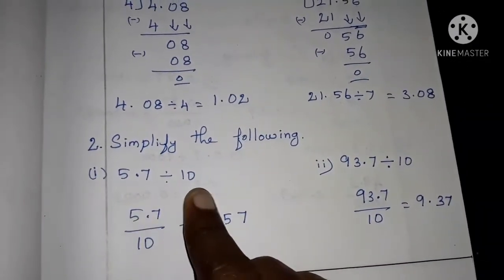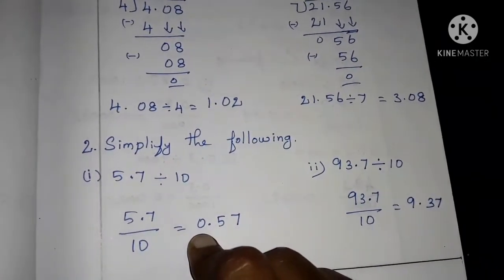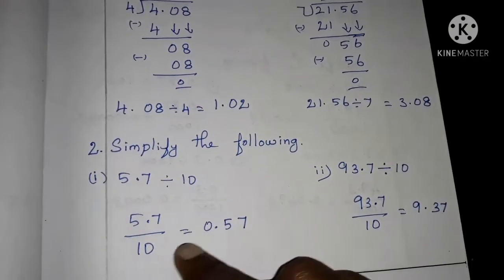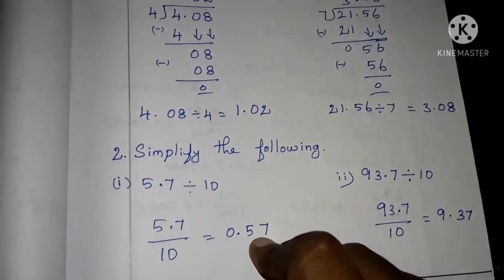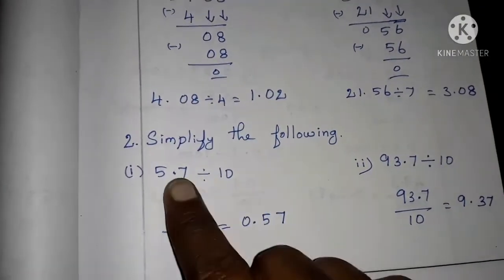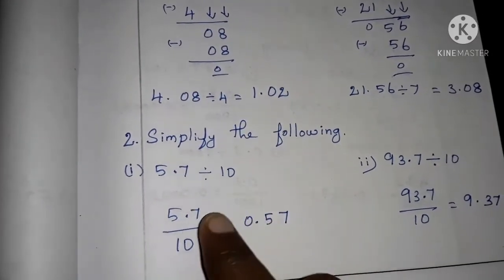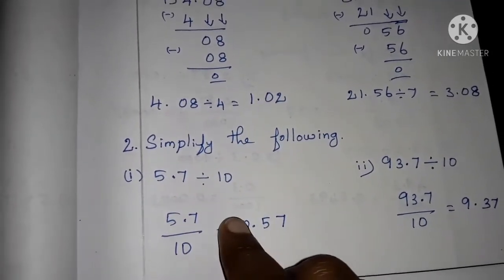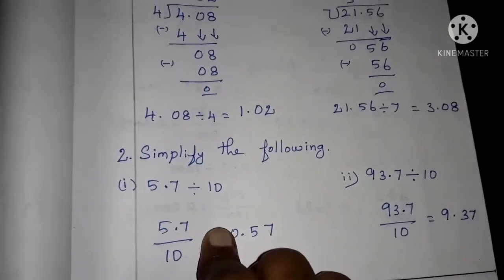Next, simplify the following. 5.7 divided by 10. So we divide 5.7 by 10. So what is our answer? 0.57. Do you remember that when we multiply decimal numbers by 10 or 100, the decimal point moves to the right side of the number.